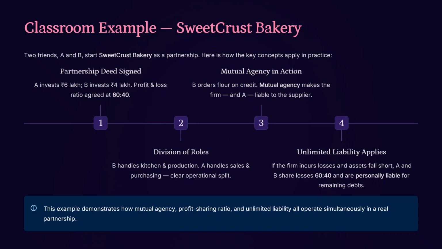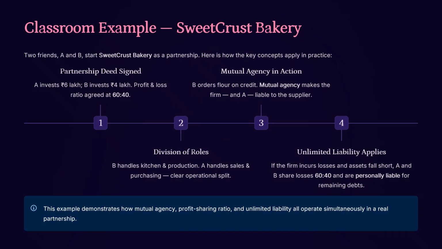Now, suppose B purchased flour on credit for the bakery. Even though only B placed the order, both A and B become responsible for paying the supplier. This is because of mutual agency. Now imagine the business suffers a loss and its assets are not enough to repay the debts.